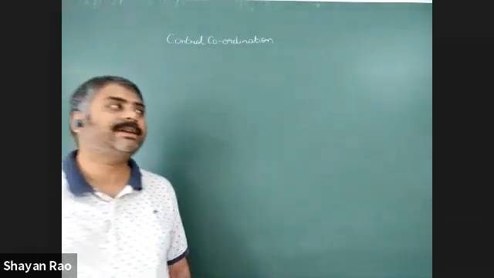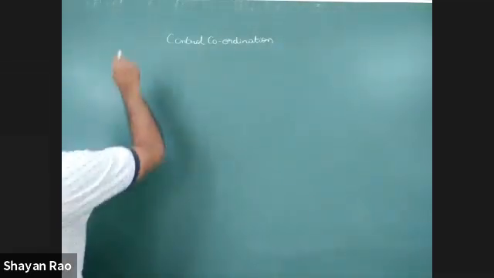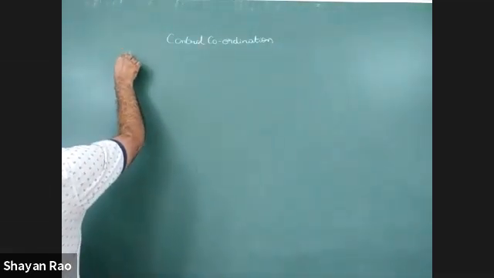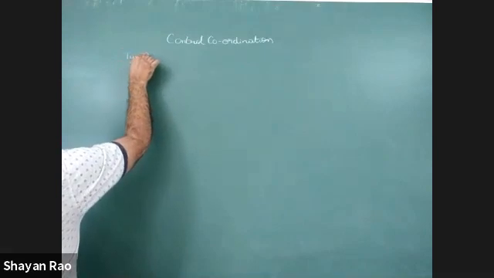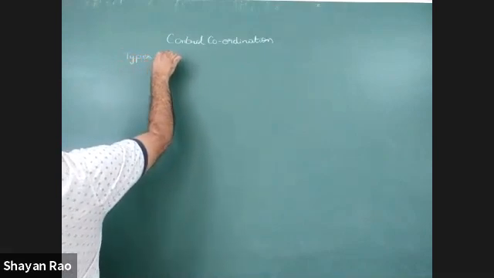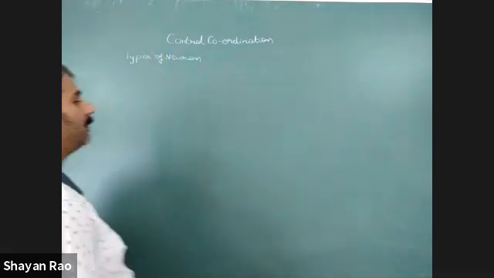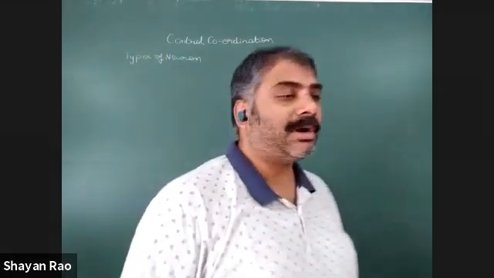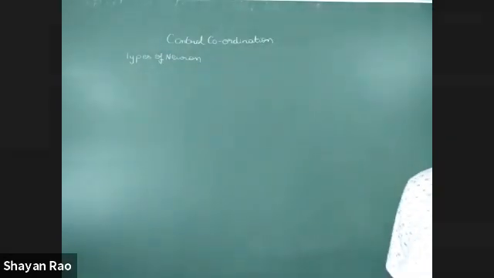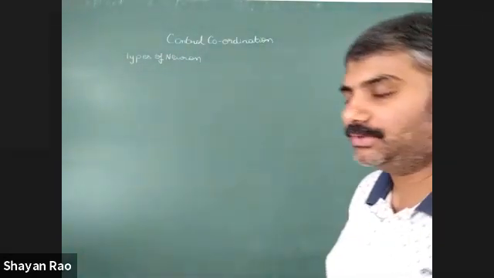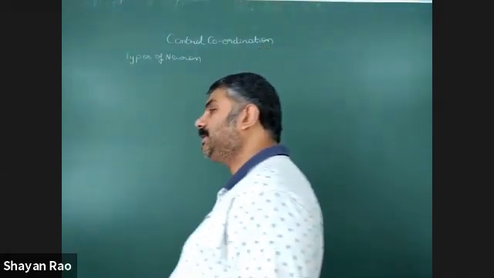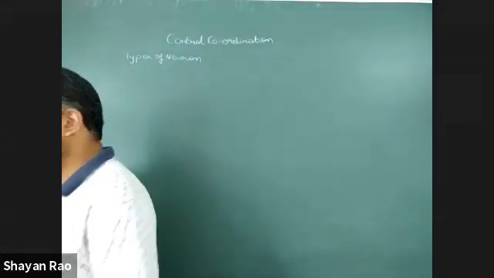So let us try to understand today about the types of neurons. Types of neuron. So the human body is going to have 3 different types of neurons for performing some important functions in the body.